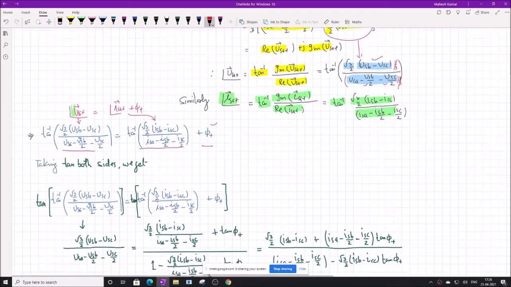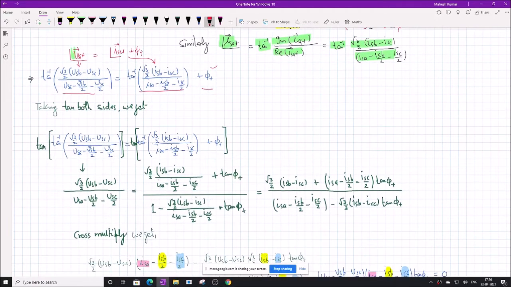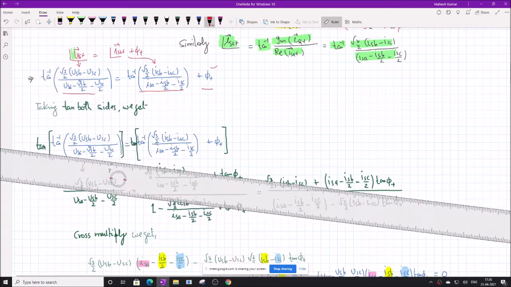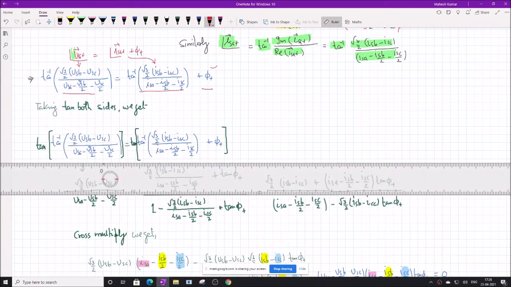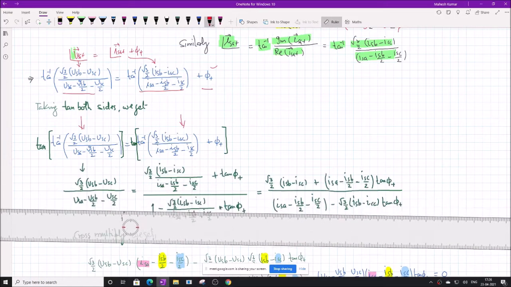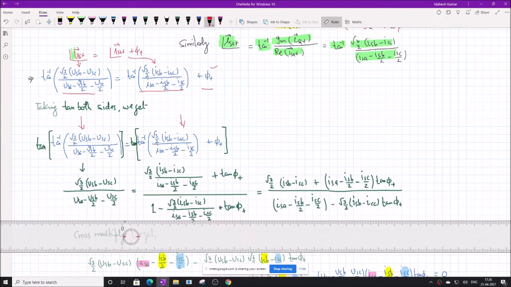Now we have to simplify this. Therefore we will take tan on both sides. Tan of the whole of this, and tan of the whole of that, because this is two terms. Tan of tan inverse becomes the same quantity, which is root 3 by 2 into BSB minus BSC divided by BSA minus BSB by 2 minus BSC by 2.